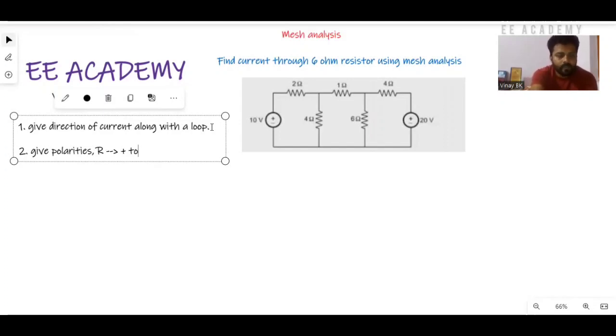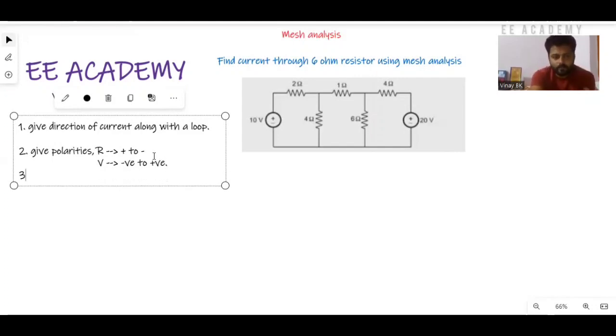If there is a voltage source, then current flows from negative to positive. Those are the rules you know. For a voltage source, the current always flows from negative to positive.